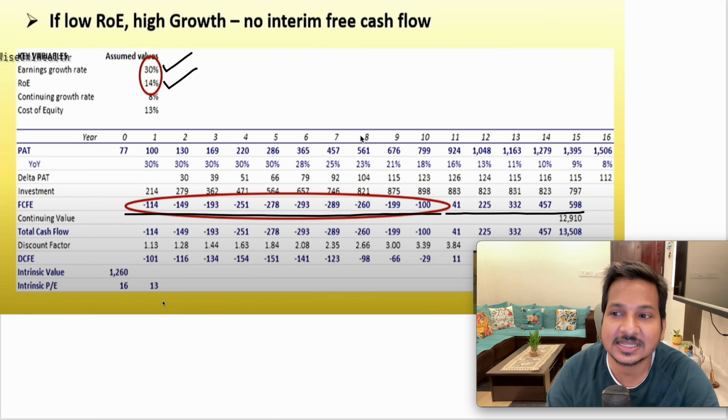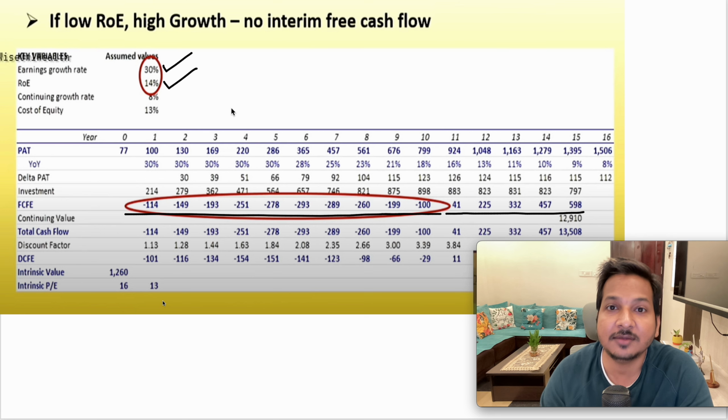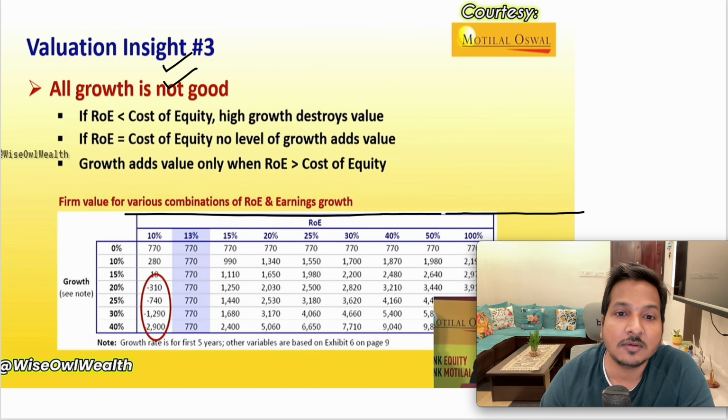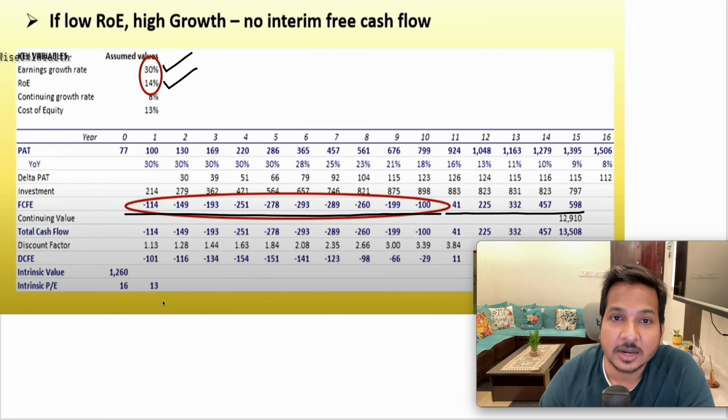This is what I want to explain with this slide. I hope my message is clear and you understand that ROE is very important. Even though there is high earning growth, if the ROE number is less, you are not going to get any value addition. So always focus on the ROE number. This was the first learning from this slide.